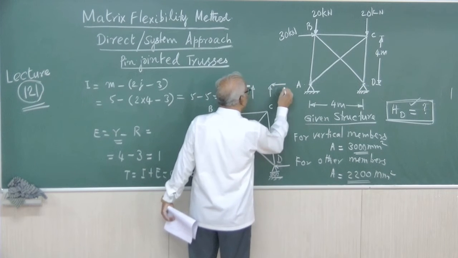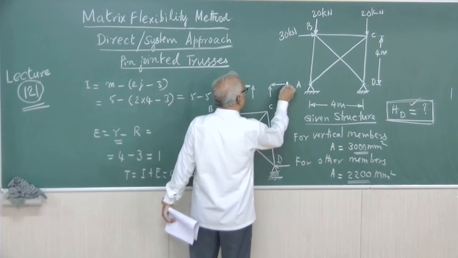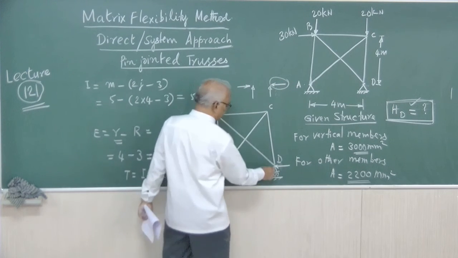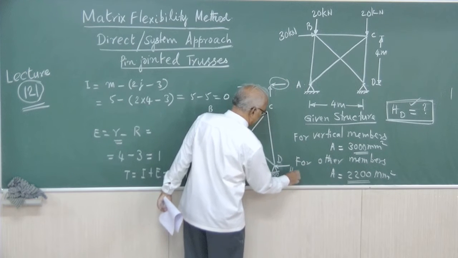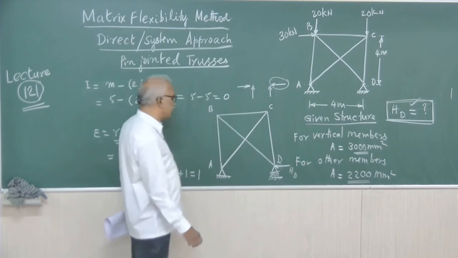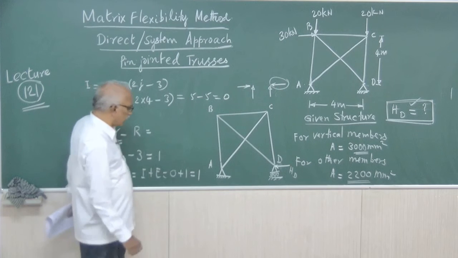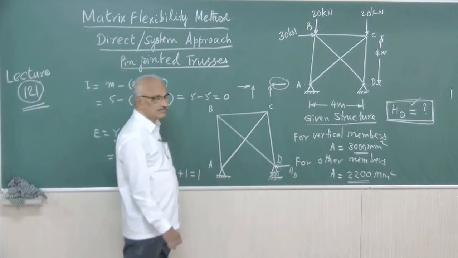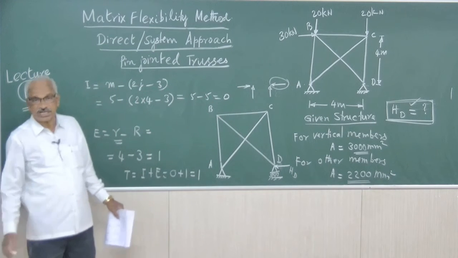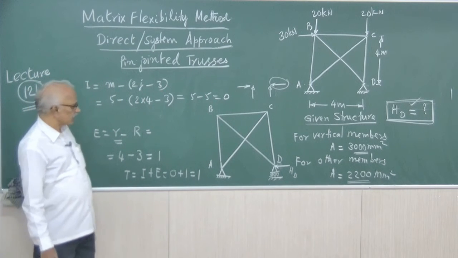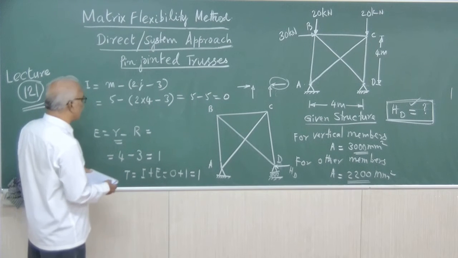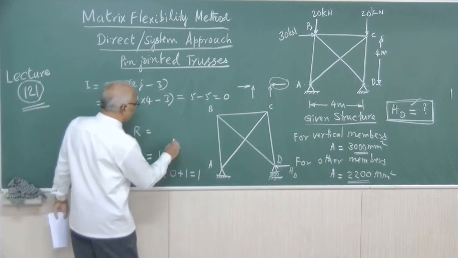When you place this on rollers, we remove this capacity and replace it with the force HD. This roller support plus this horizontal reaction will make it a hinge, giving the original structure. That is how we find the degree of redundancy and get the primary structure.